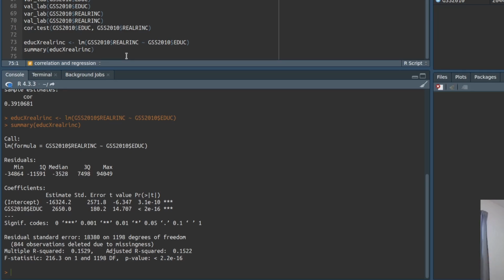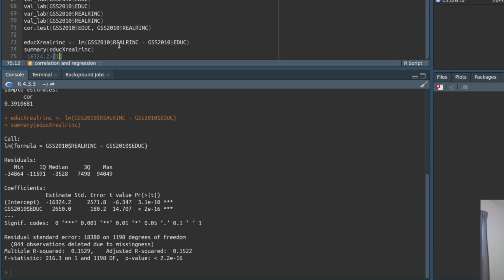How much money would I expect to make per year? We can plug in the equation. I'm going to just do this right back in R, because R works as a calculator. Minus 16,324.2. That is my y-intercept, so we're going to use that, right? Plus, this is our basic line formula, y is equal to a plus bx.